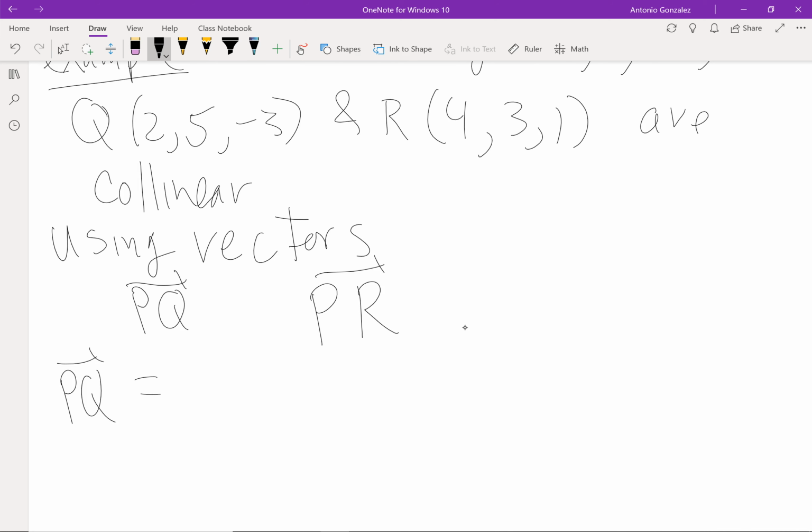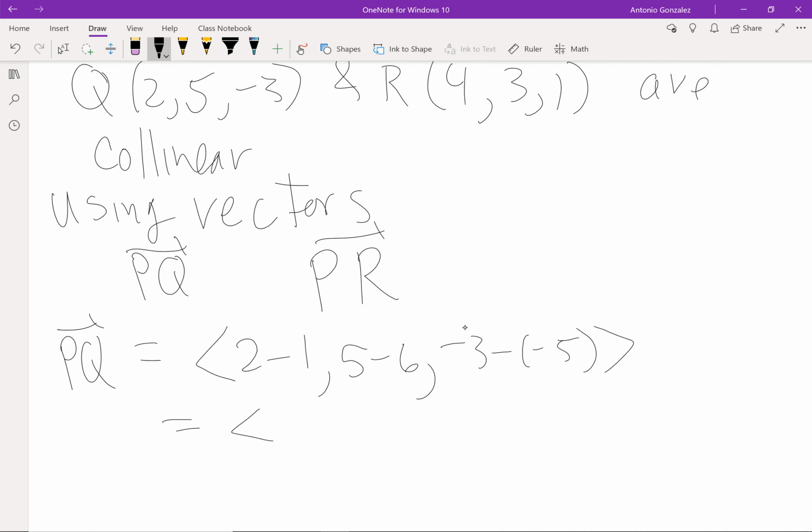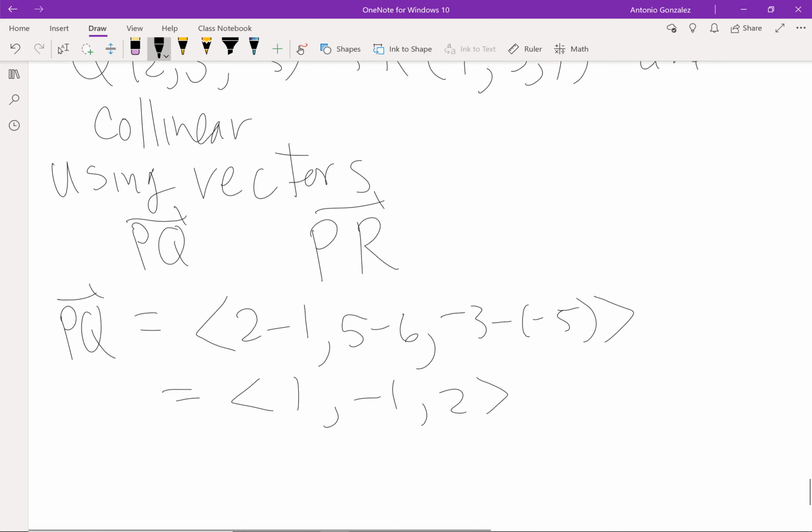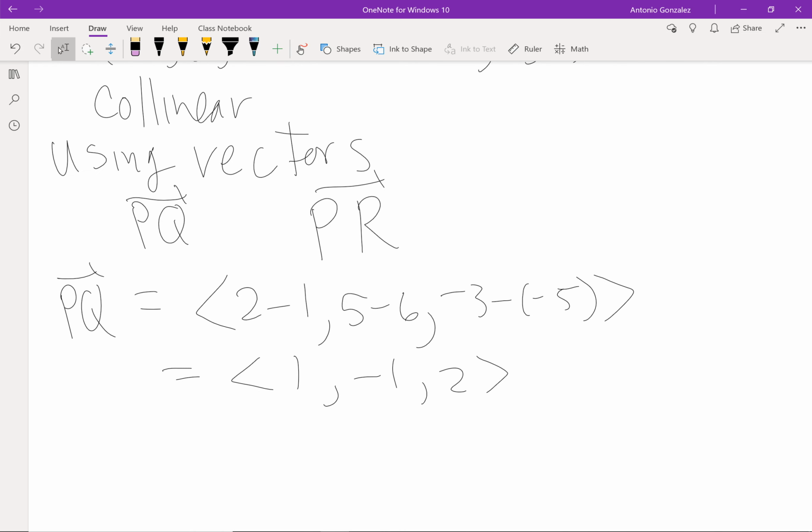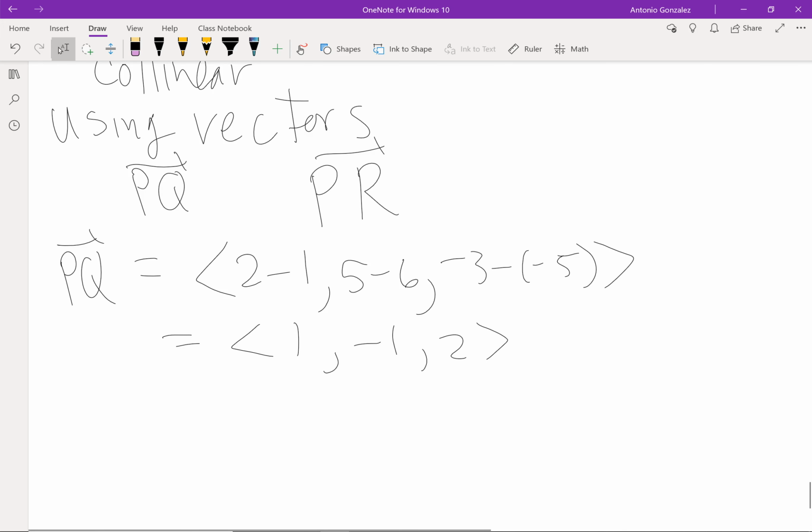So I'll start off by asking, what is the vector PQ? That will be 2 - 1, 5 - 6, and then -3 - -5. That gives me 1, -1, 2. Now let's take a look at the vector PR.